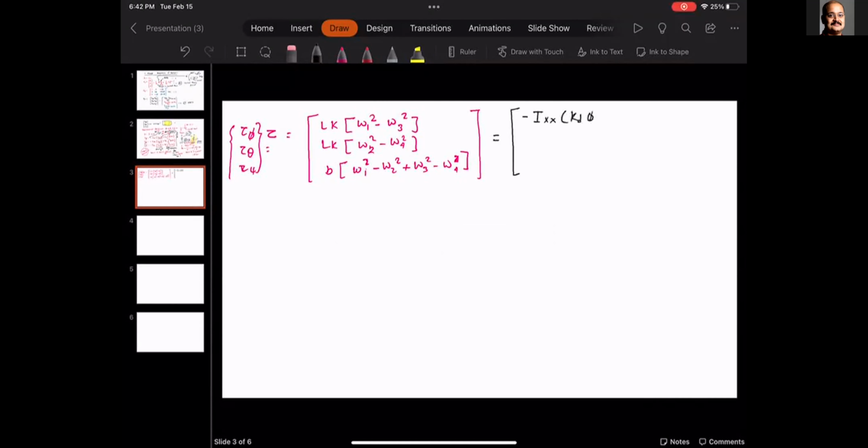So KD phi dot plus KP integral 0 to T phi dot dt minus IYY, KD theta dot plus KP integral 0 to T theta dot dt, minus IZZ, KD psi dot plus KP integral 0 to T psi dot dt.